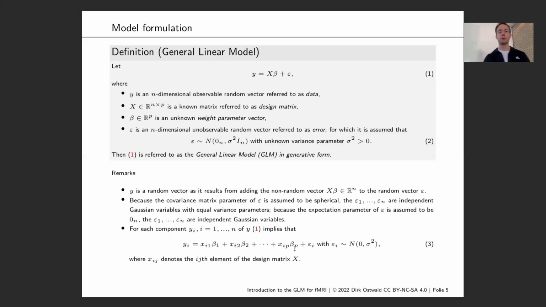For those who have seen multiple linear regression, this of course looks fairly similar. Your x would be what you called independent variable, and your y would be your dependent variable. That's the case here, of course, also in general. So you can view x as the independent variable, and y as the dependent variable.